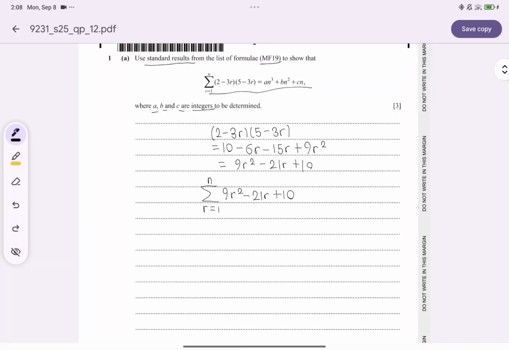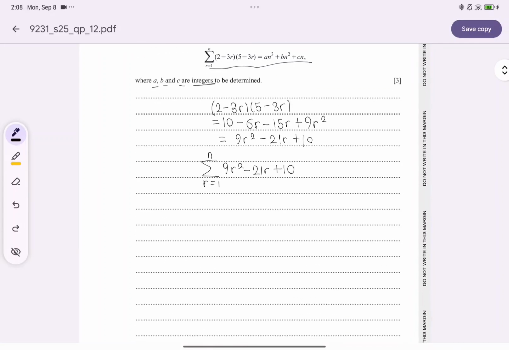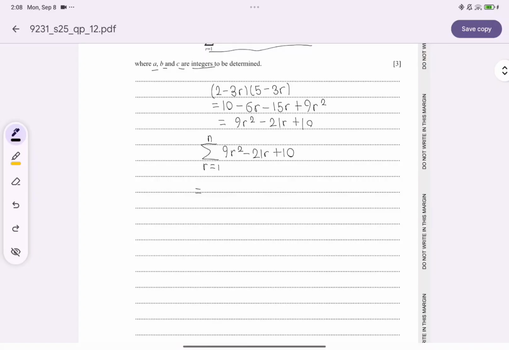Okay, so in order to do this, we're gonna have to split the sigma sign into each term. So what I mean is, it will be the sum from r equals to 1 to n of 9r squared, plus the sum of minus 21r, plus the sum of 10.